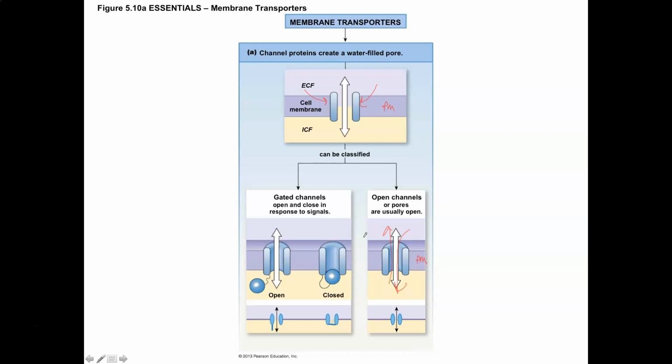So ions can move through, water can move through aquaporins. Those are channel proteins. There are hundreds of ion channels. Some ion channels are specific for just sodium or just potassium or just calcium. Some ion channels move multiple ions, so sodium and potassium can move through. So it just depends on the protein structure.